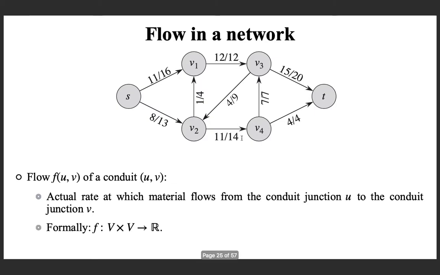You can formally define it as a function from the edge or pair of vertices or conduit to a real number, which is the actual flow. For example, the actual flow through this conduit is 11. So 14 is the capacity or the maximum permissible flow, and this is the actual flow.